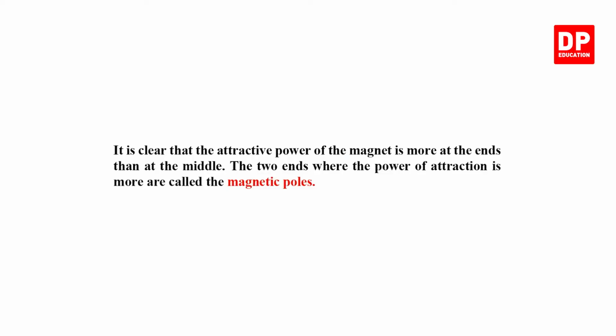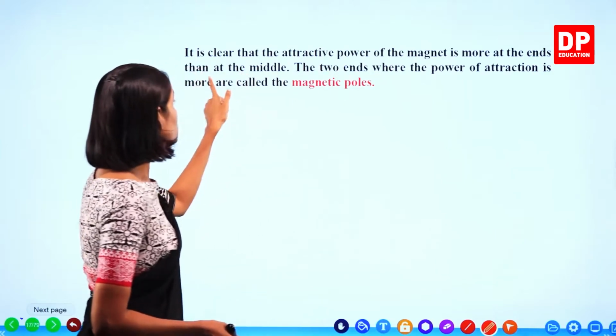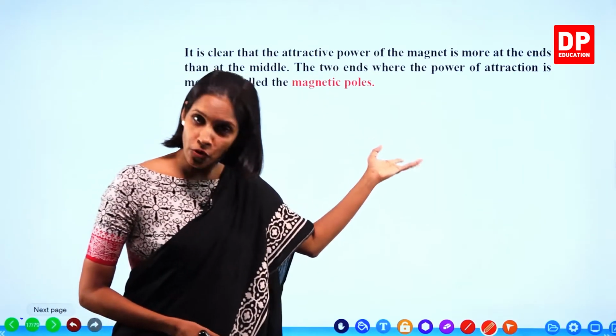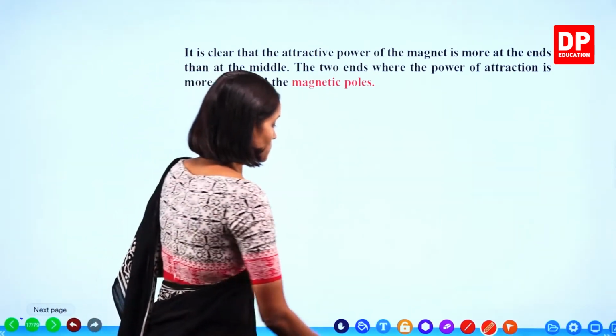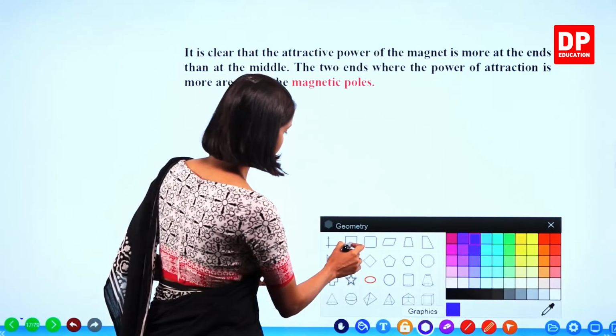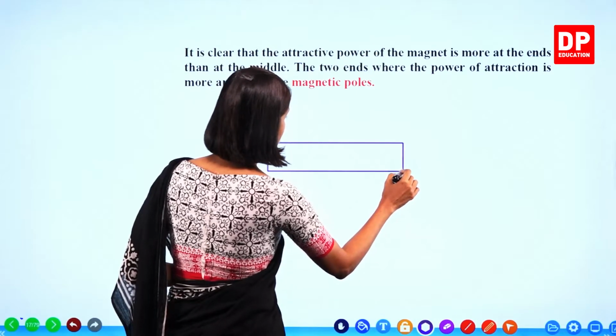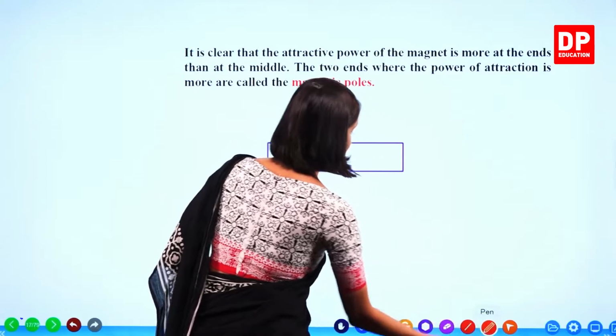It's clear that the attractive power of the magnet is more at the ends than at the middle. The two ends where the power of attraction is more are called the magnetic poles. If you take a magnet like this, what is the meaning of poles?